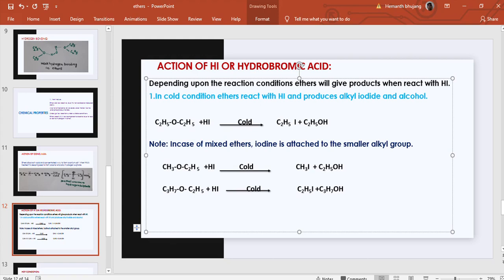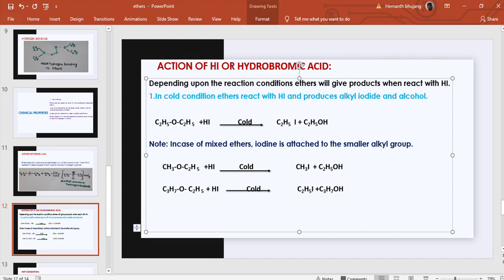So if I ask one student to write the product, he may write CH3I and C2H5OH. If I ask another student to write, he may write C2H5I and CH3OH. So the products are changing from person to person.